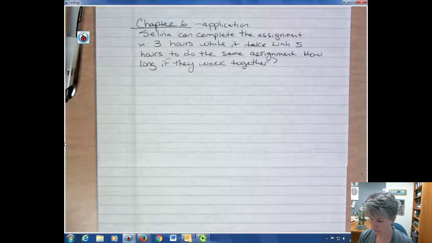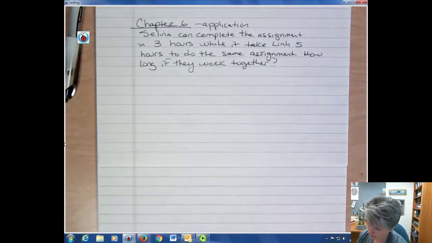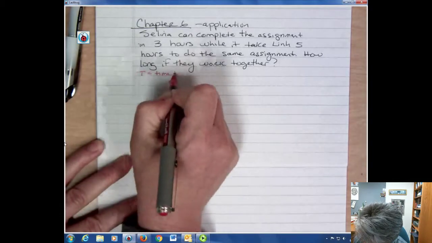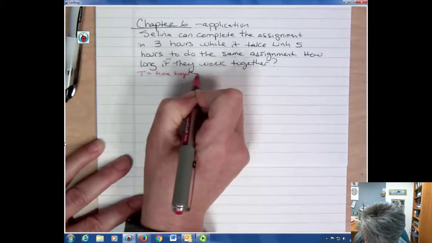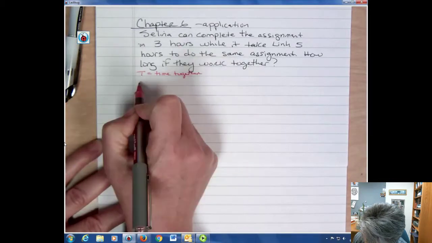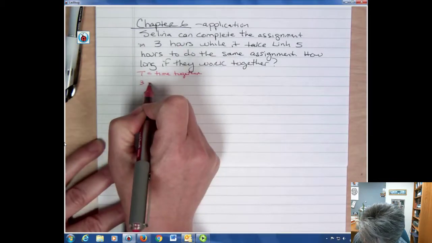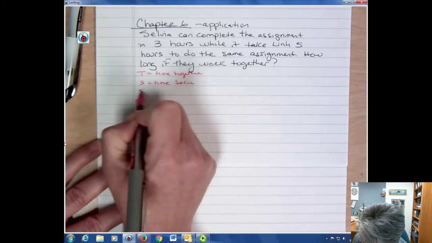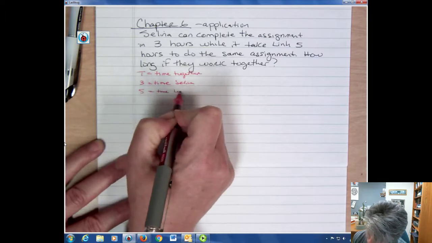So if I explain it differently, I'm going to apologize in advance. But I'm going to say T equals the time together. 3 is time for Selena, and 5 is the time for Lynn.